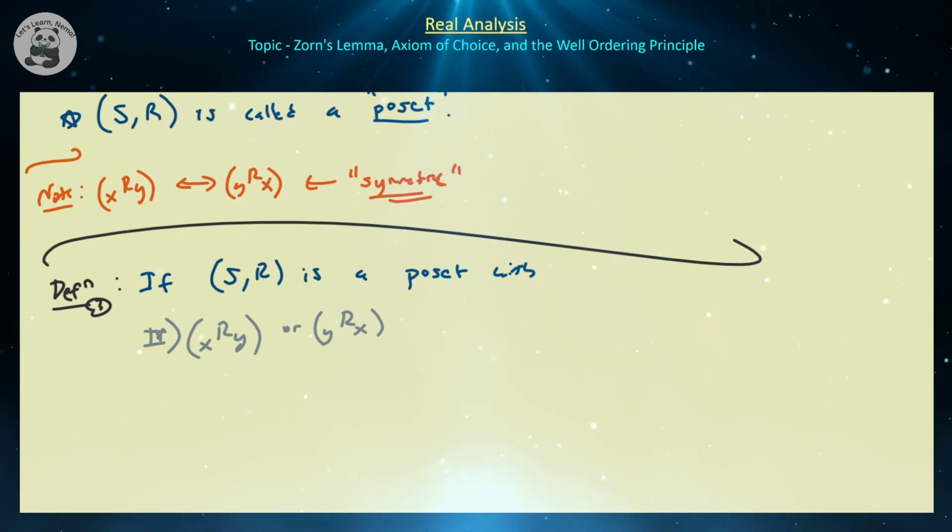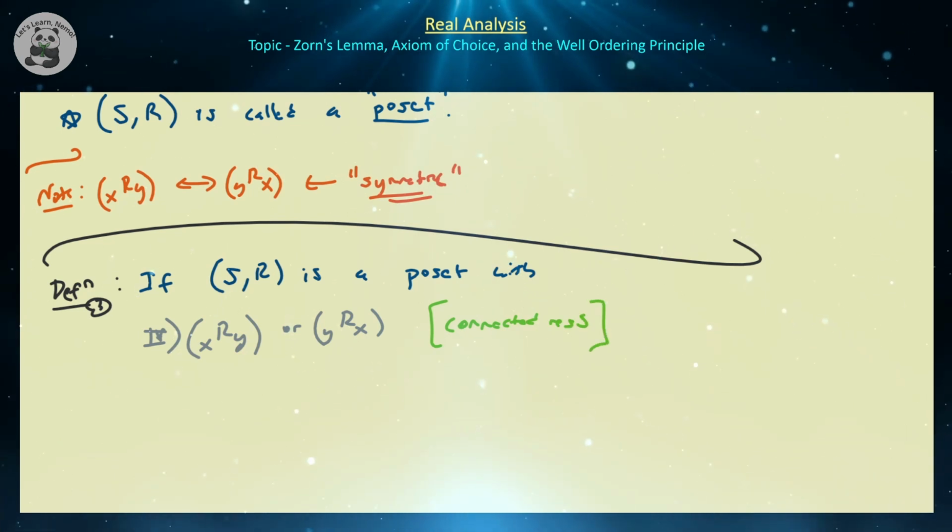So in some sense, you can always compare one thing to each other. Sometimes people will call this the connectedness property of your set S, right?